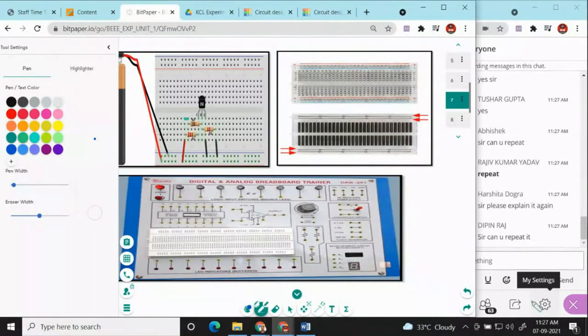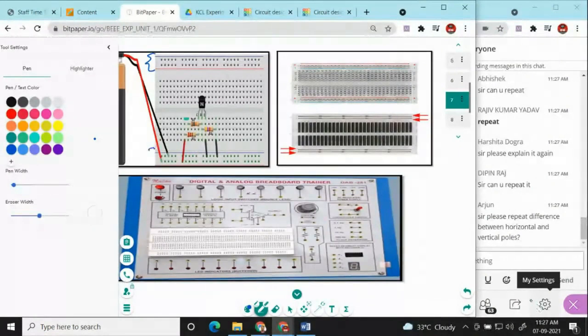This one is the horizontal section, and another section is the vertical section. This is the vertical section. This is the second section, and this one is your first section. The first section is horizontally connected with each other. Okay, all the connections are horizontally connected with each other.